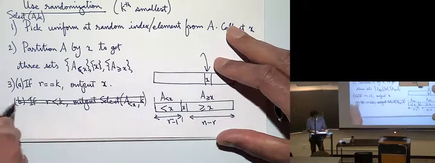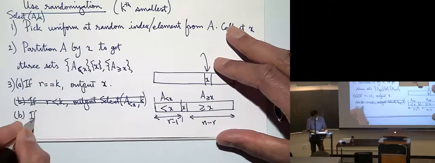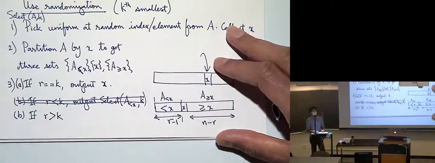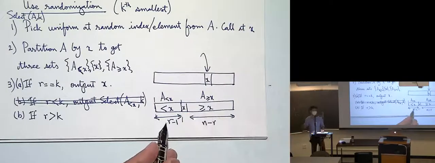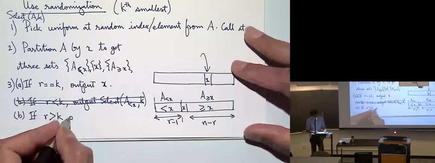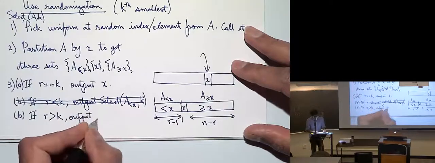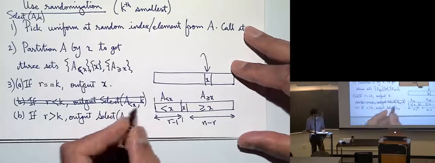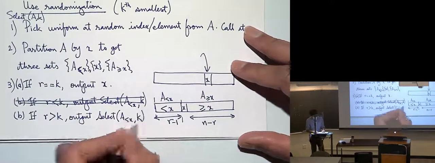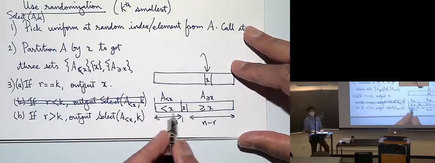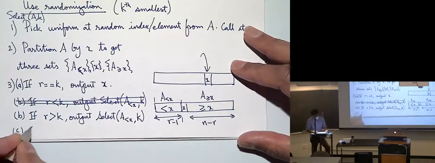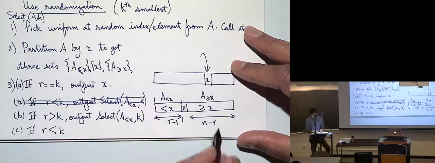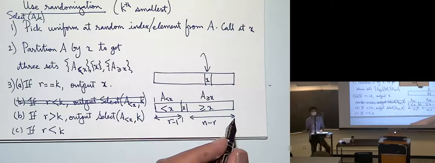Let me fix this. If R is greater than K, right? So this portion is actually larger than K. Then you output select A less than X of K. You get the Kth smallest in here. If R is less than K, then it's over here, but then you have to shift it.